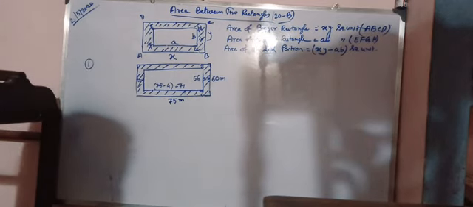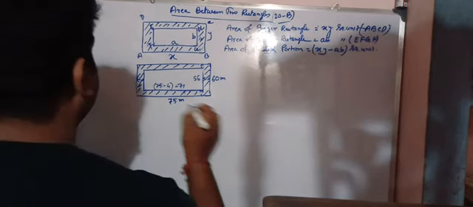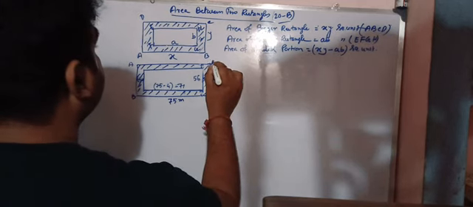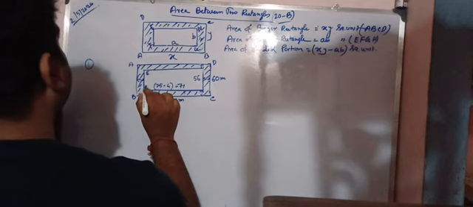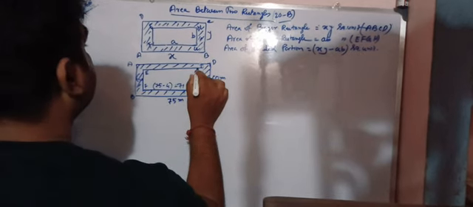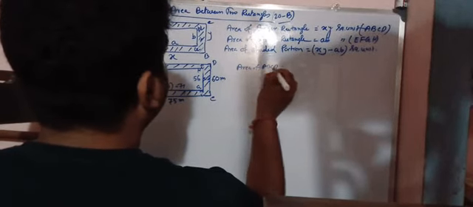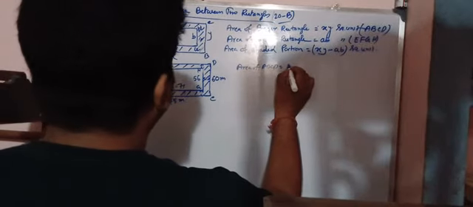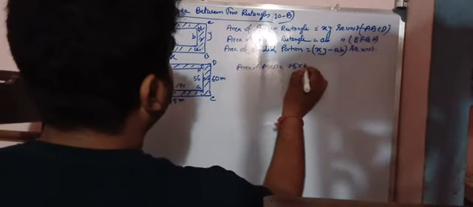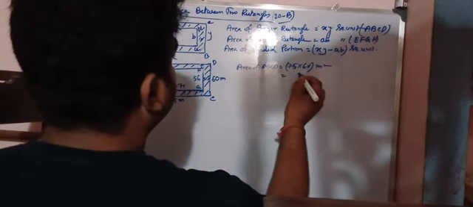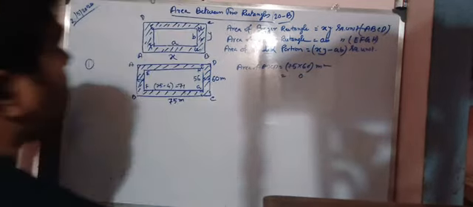So if we name the rectangles ABCD and EFGH, the area of ABCD is equal to 75 into 60 meter square, that is 4500 meter square.